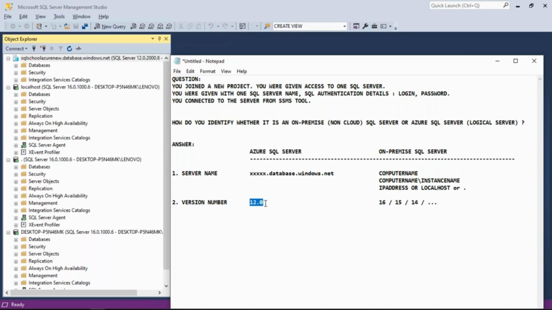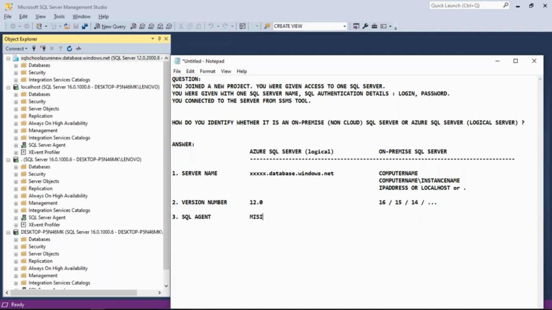Next, number 3. A very important quick observation. Here we are talking about Azure SQL Server, logical server, compared to on-prem. Another quick observation: SQL Agent.